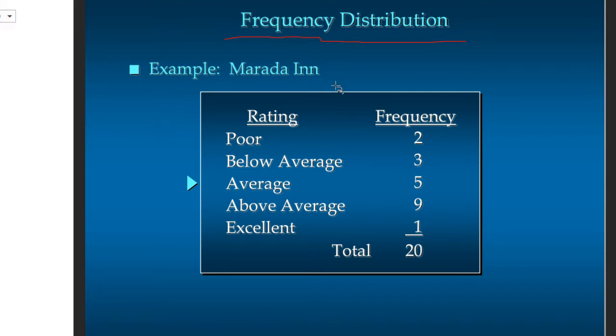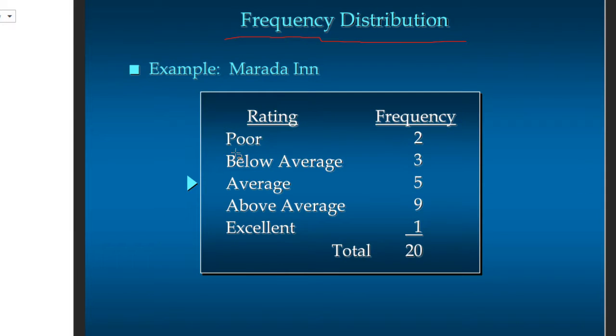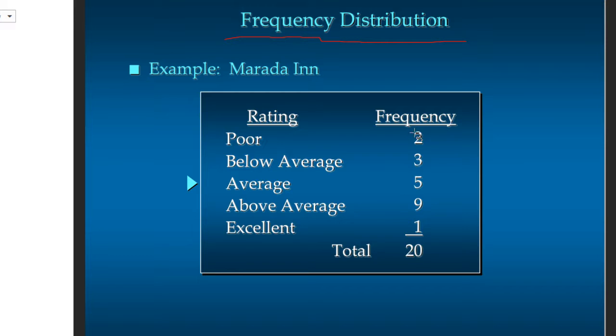What it does is organize this data into a table. So let's see how many people said it's poor, right? Going back to this, this person said it's poor, and this person said it's poor. So only 2 of them said it's poor. So we have 2 there.